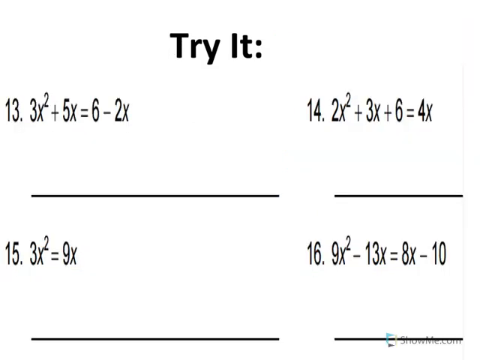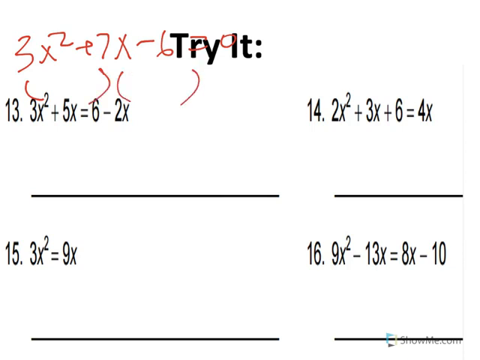Okay, let's go on to the next try. We have 3x squared. Bring the 2 over, it becomes a positive 7x. The 6 over, negative 6 equal to 0. So we can factor this out. The factors for 3 are plus or minus 1 or plus or minus 3.